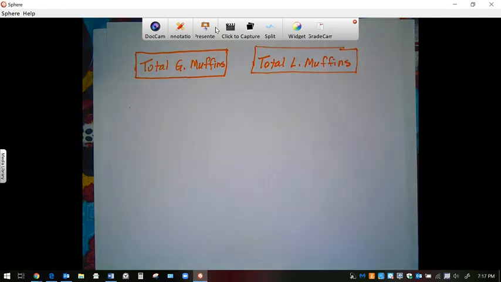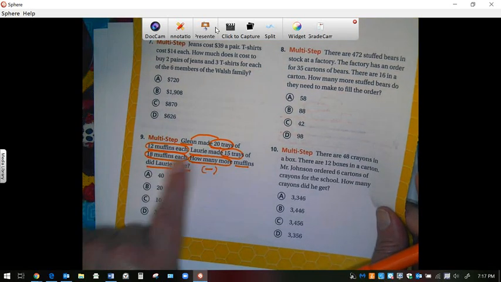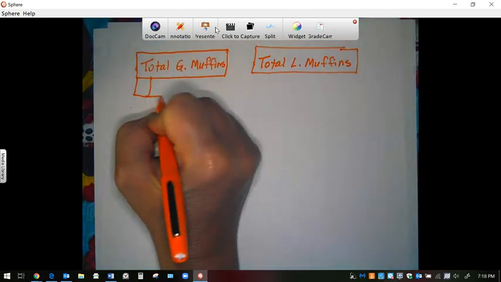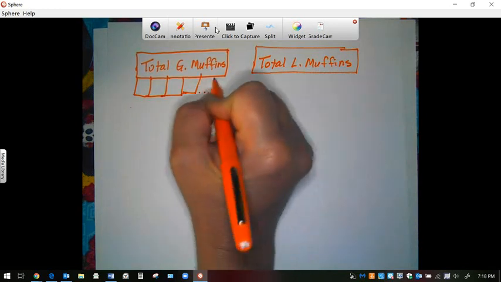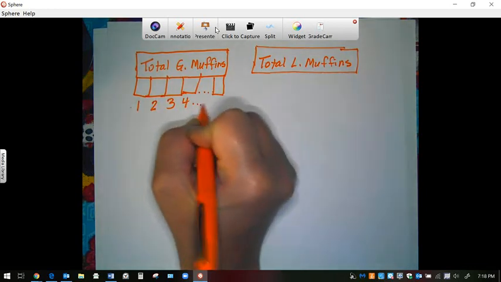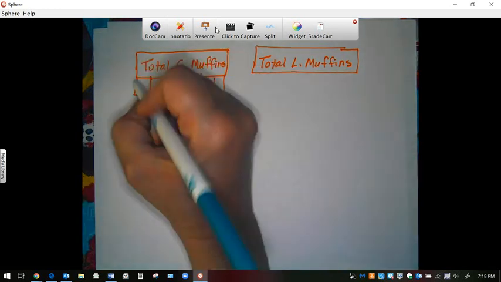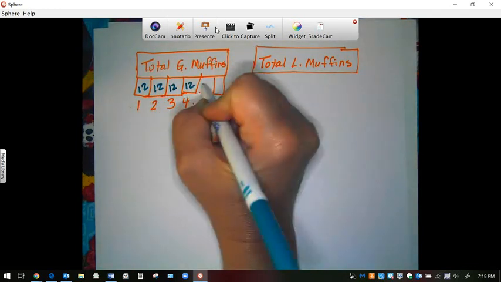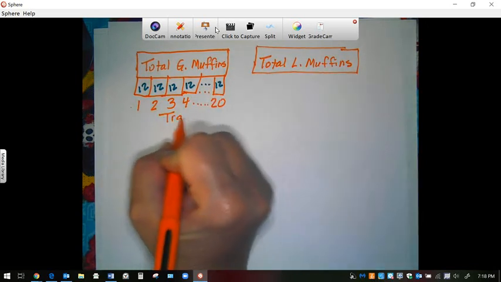Alright, so if we begin with Glenn, Glenn had 20 trays and there were 12 muffins in each. So let's do 20 trays. 1, 2, 3, 4, 5, 6, 7, 8, 9, all the way to 20. And every tray had 12 muffins. In every tray there were 12 muffins, and we had 20 trays.